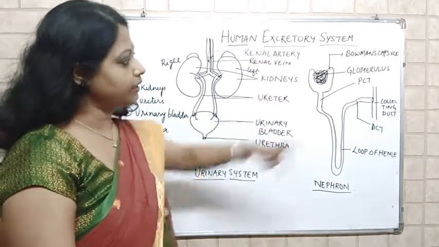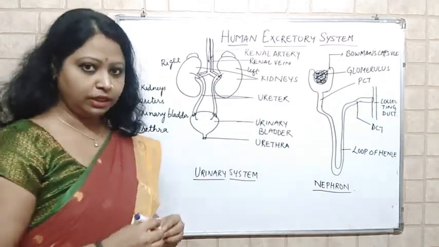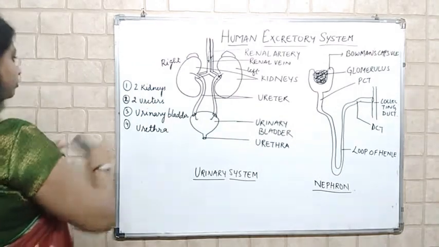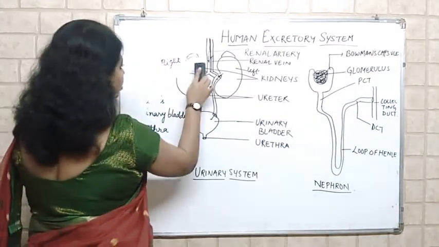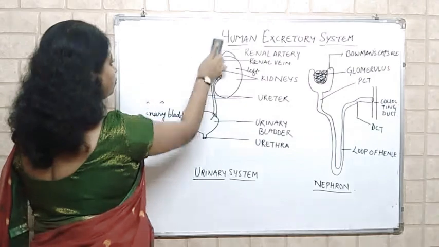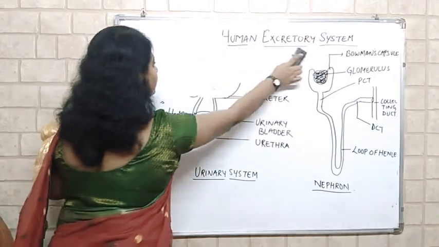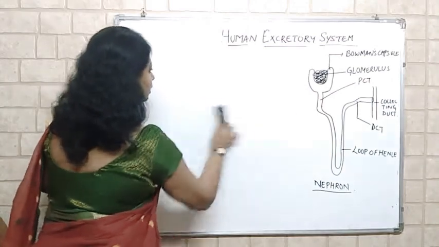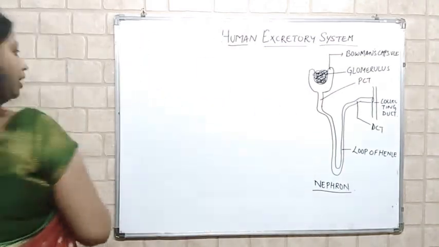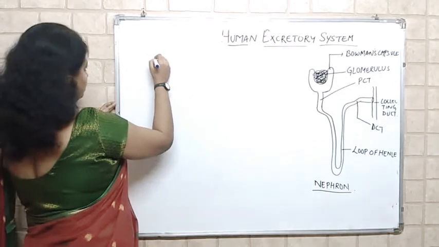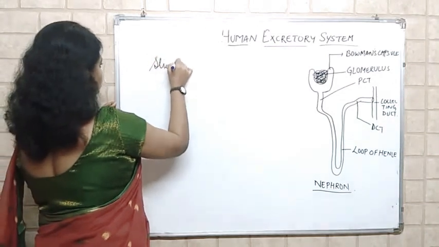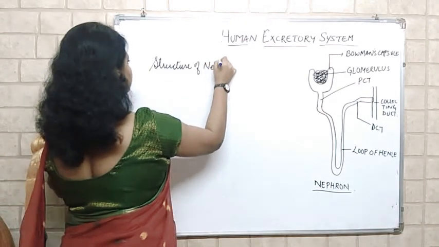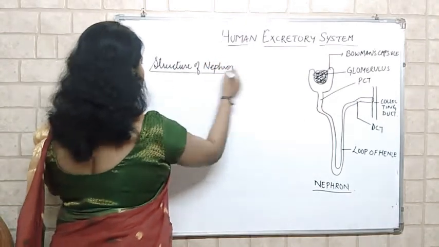Now we will study the structure of nephron and then the formation of urine. Each kidney has millions of such tiny excretory units called nephron. This nephron again has four parts. So, structure of nephron.